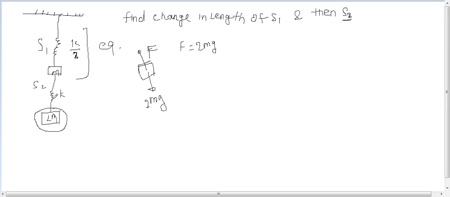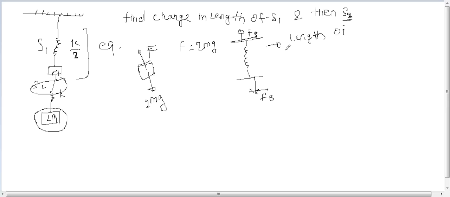Now let's draw the free body diagram of this S2. This will be the Fs, and since the spring is massless and in equilibrium, the net force on the spring should be 0. This means the length of the spring is going to increase.